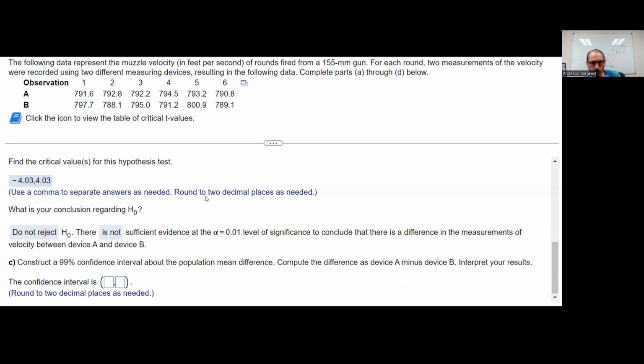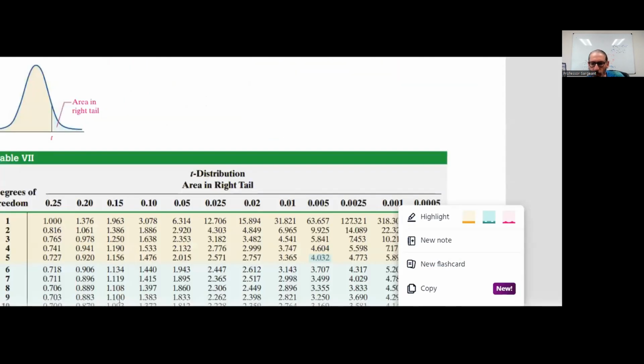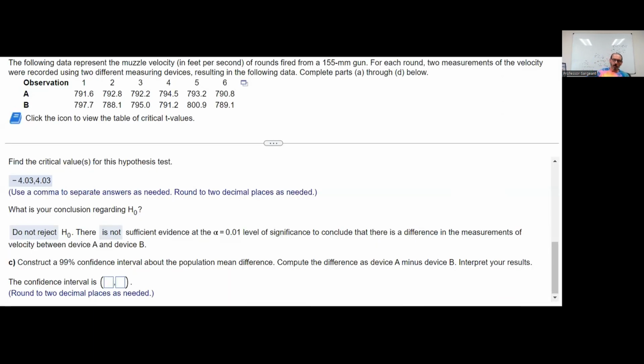The confidence interval. Okay. Well, we already took half of alpha and got 0.005, and we found that critical value of 4.032, sorry. 100% minus 99% will give us 1%, which equals, as a pure decimal, 0.01.